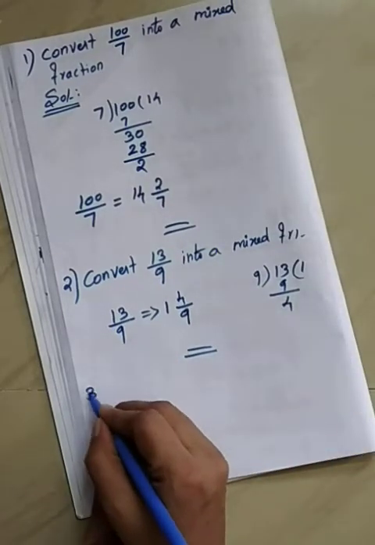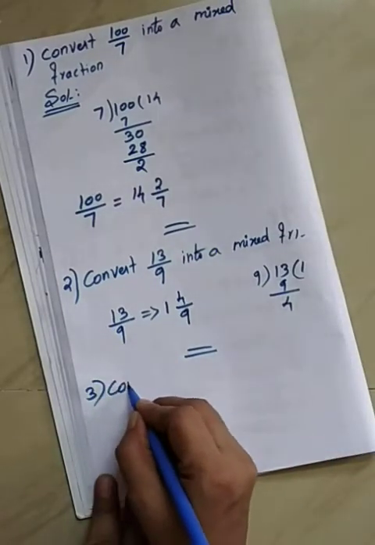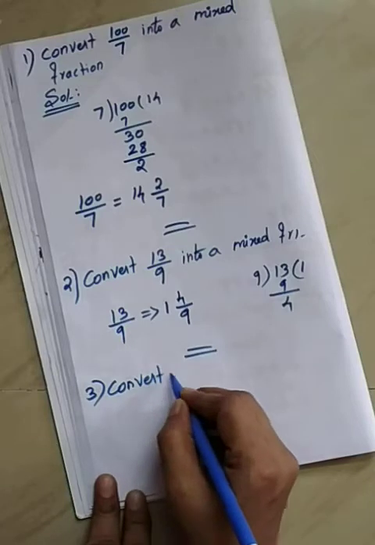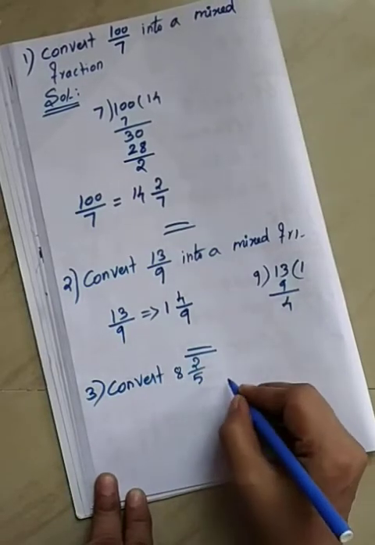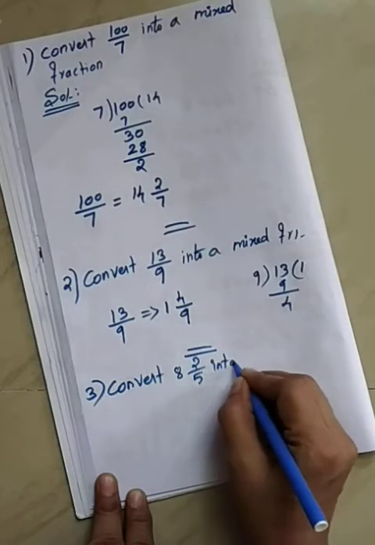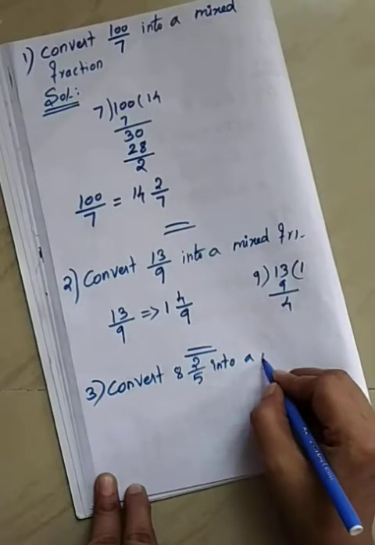Now, see the third problem. Convert 8 into 2 divided by 5 into an improper fraction.